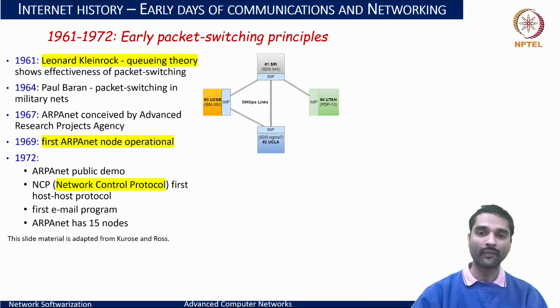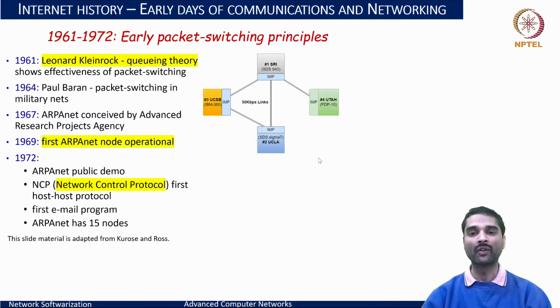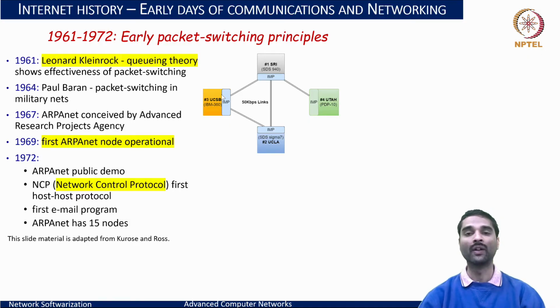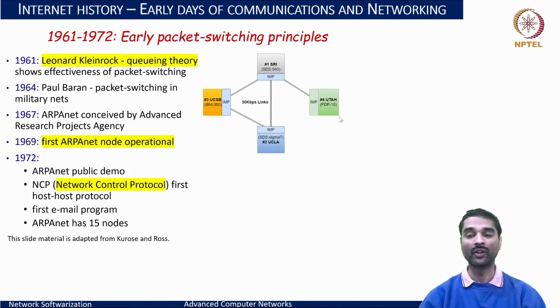The second node was at UCLA, made of the SDS Sigma 7 mainframe system, which was a 32-bit mainframe device. The third node was located at UC Santa Barbara, which ran the IBM System 360/75 mainframe, and this was a 32-bit machine. And the fourth node was the University of Utah, which ran the PDP-10 mainframe device. And interestingly, this machine was a 36-bit machine.